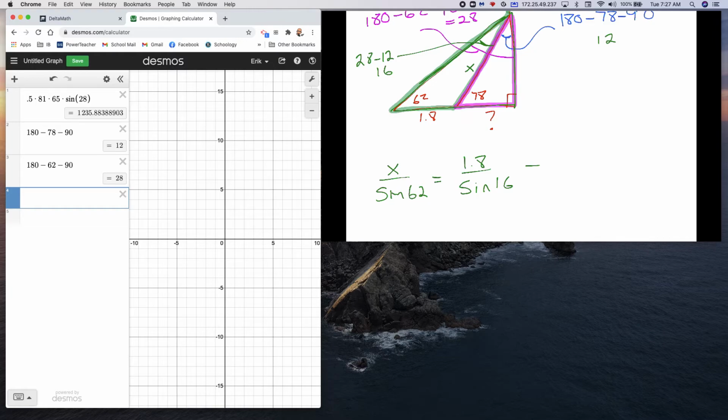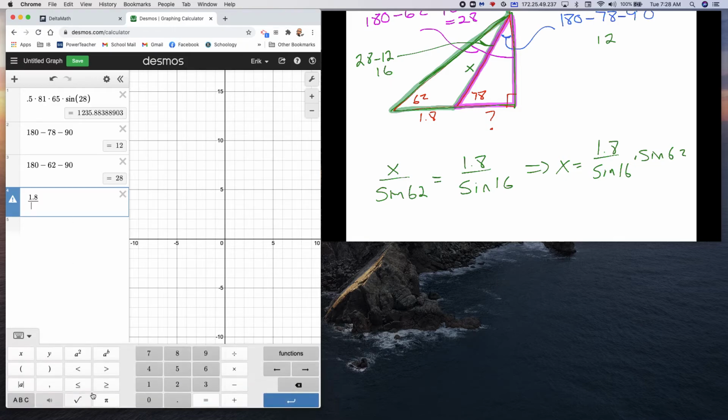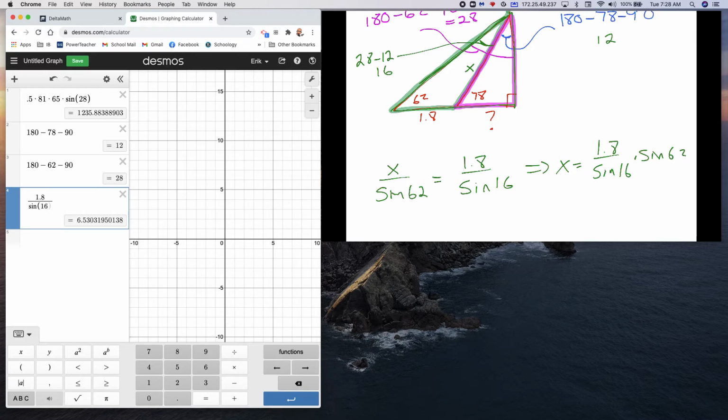So from here, x is equal to 1.8 divided by the sine of 16 times the sine of 62. So if I go over here, I do 1.8 divided by the sine, I could use this keyboard here, divided by the sine of 16.